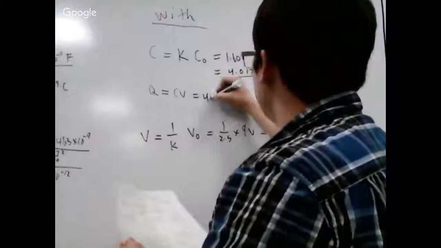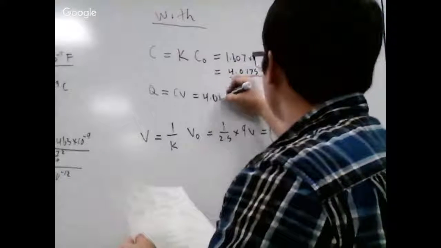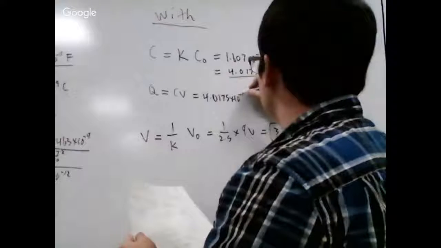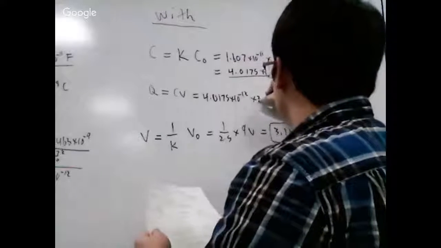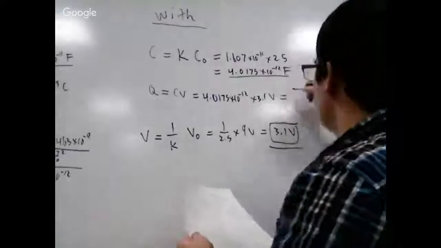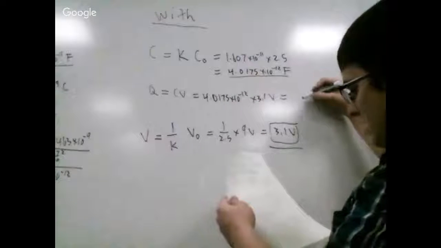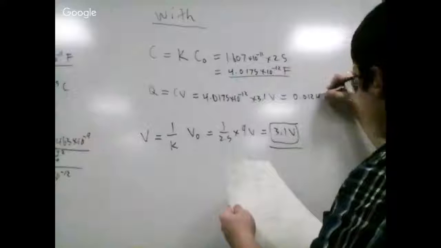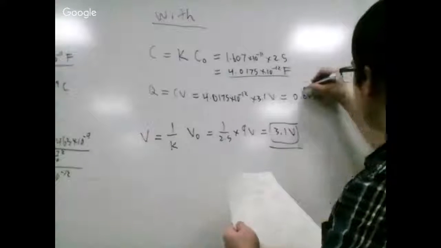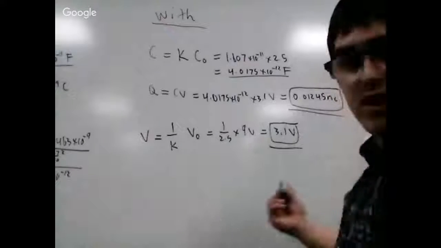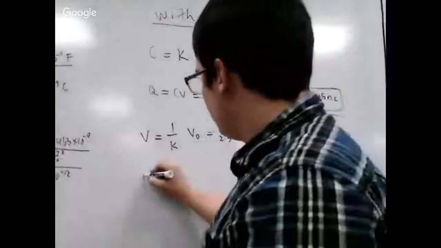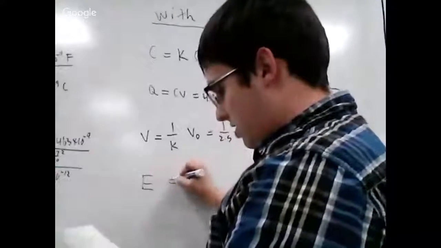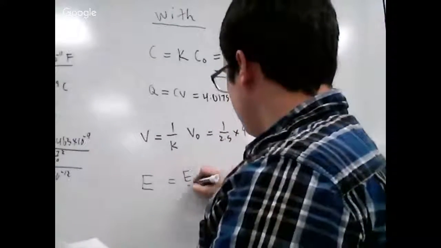Take our capacitance of 4.0175 times 10 to the negative 12 times our voltage, 3.1 volts, and that gives us a new charge of 0.01245 nanocoulombs.